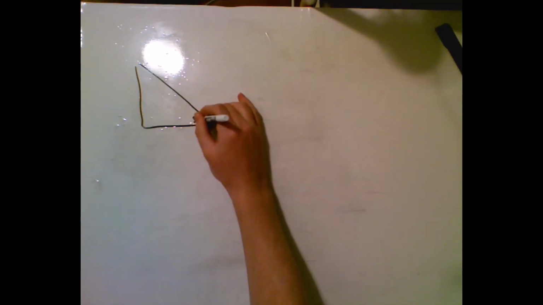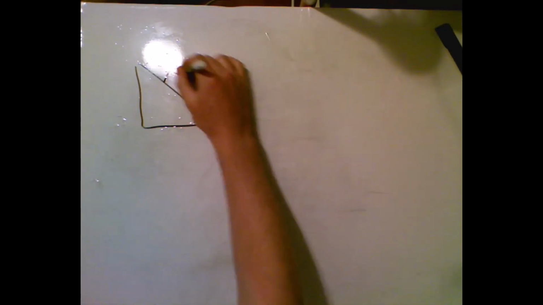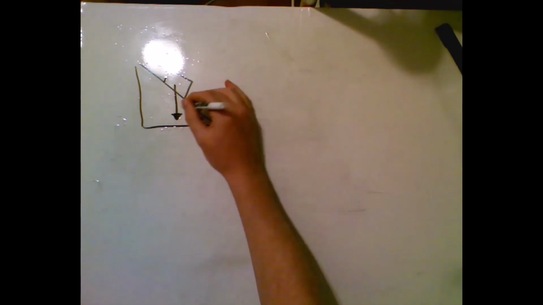So we have an incline. For all incline plane questions, you always want to start with a free body diagram. 35 degrees, that's where we're going to put that. And then we have a box on that incline, and we can start drawing some forces. The easiest force is straight down, that's our force of gravity.